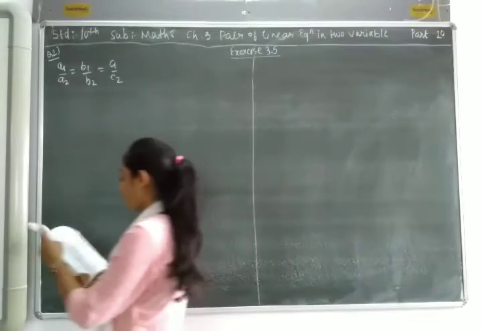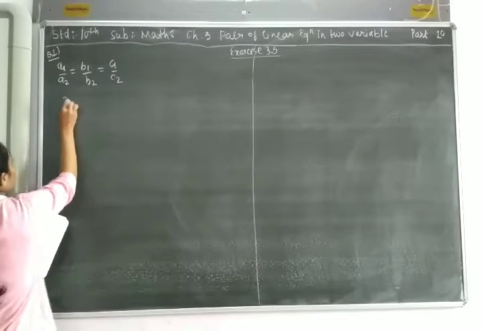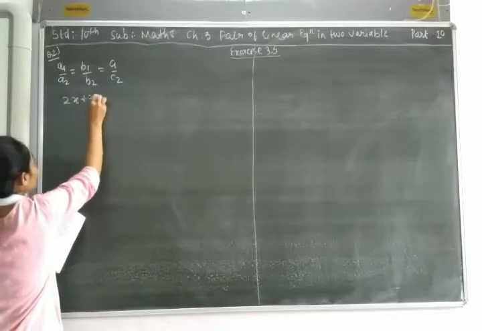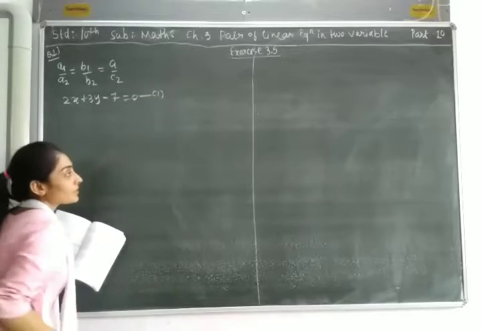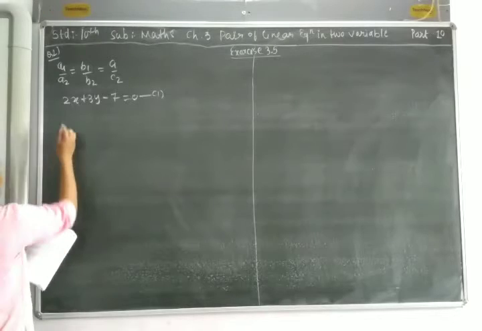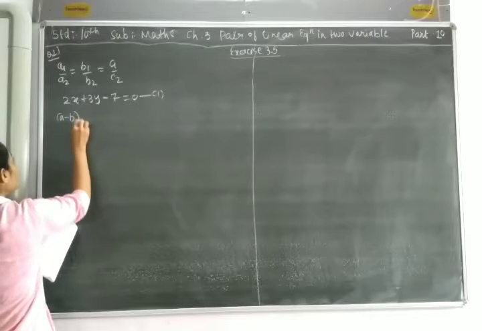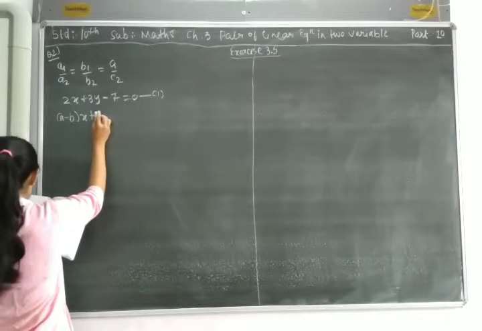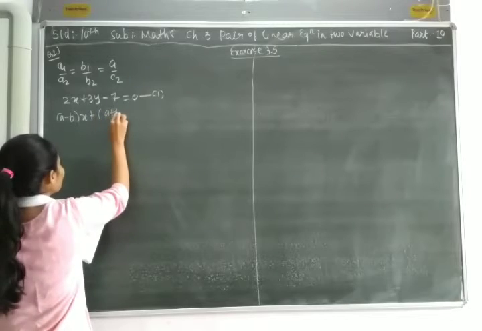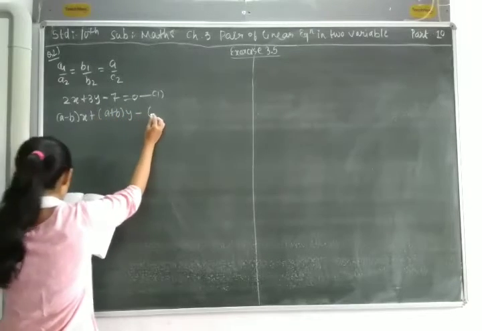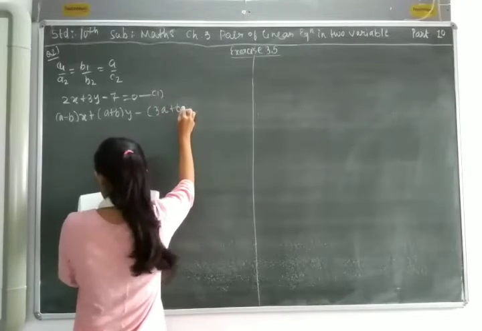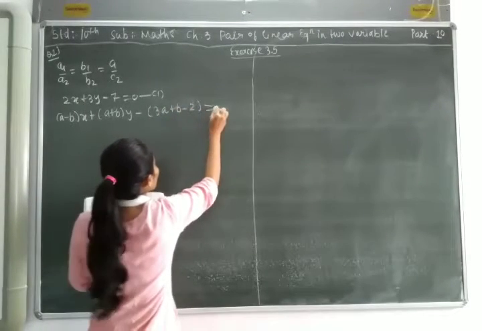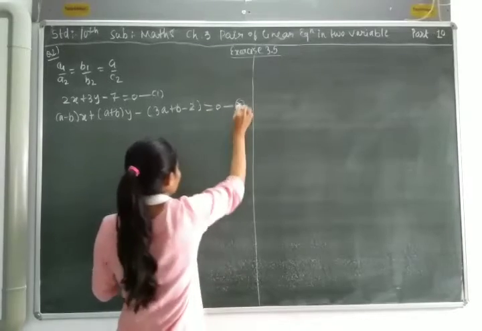Now, 2x plus 3y minus 7 equals 0. This is the first equation. And the second equation is a minus b x plus a plus b y minus 3a plus b minus 2 equals 0.